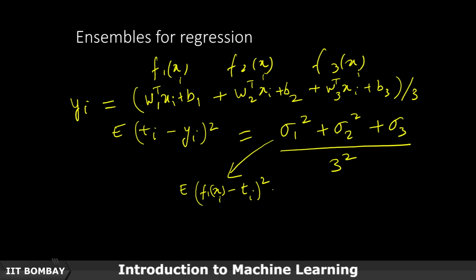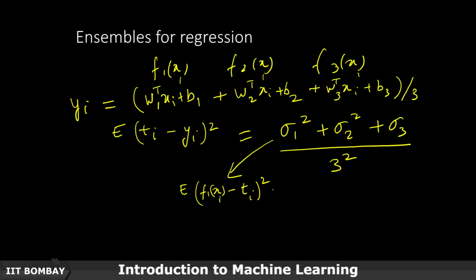So if the three regressors give you the same variance, when we are taking their average, we are going to be dividing the variance by the number of the constituents. Okay, so keep that in mind.